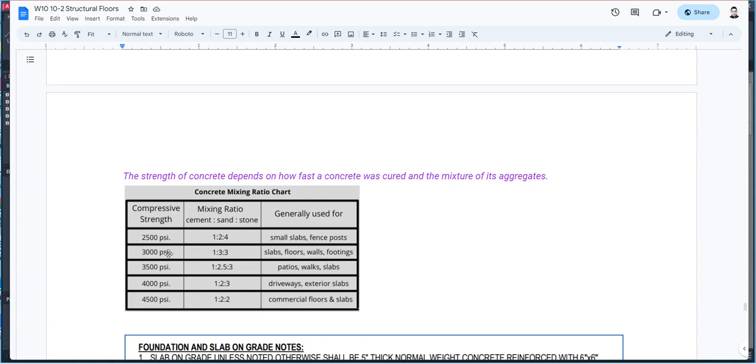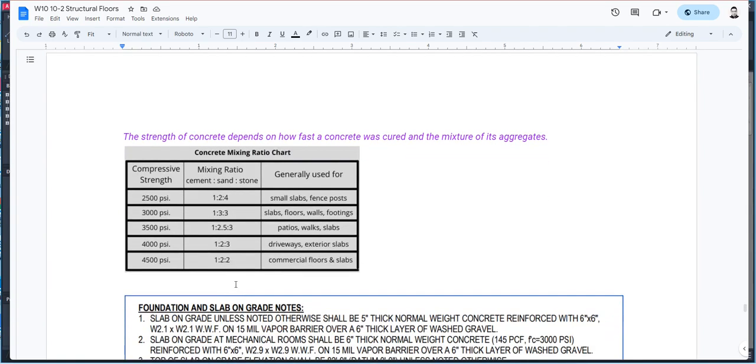So if you want to have a very, very strong concrete, then for 1 part cement, you put in 2 parts of sand, not three, two, and then you also put 2 parts of the stone aggregate, right? One, two, two.